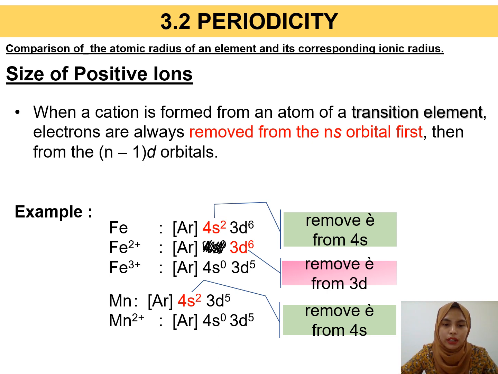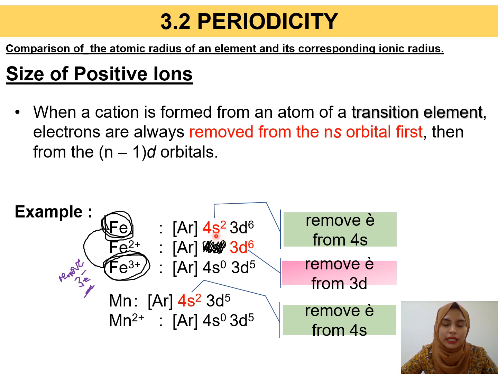What if you want Fe3+? For Fe3+, you have to refer to the electronic configuration of its neutral atom. The neutral atom is Ar 4s2 3d6, but you want to remove 3 electrons. Removing 3 electrons also starts with removing from the s first, then d.